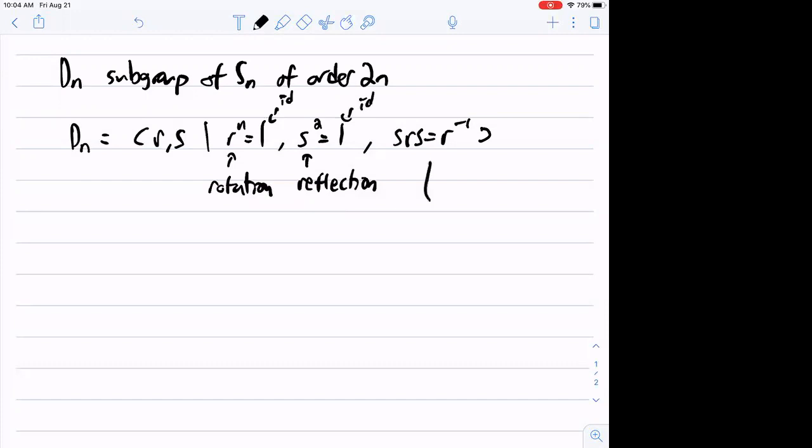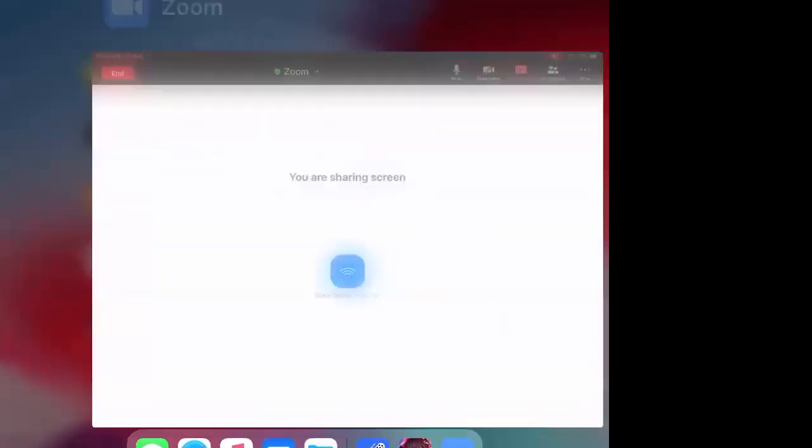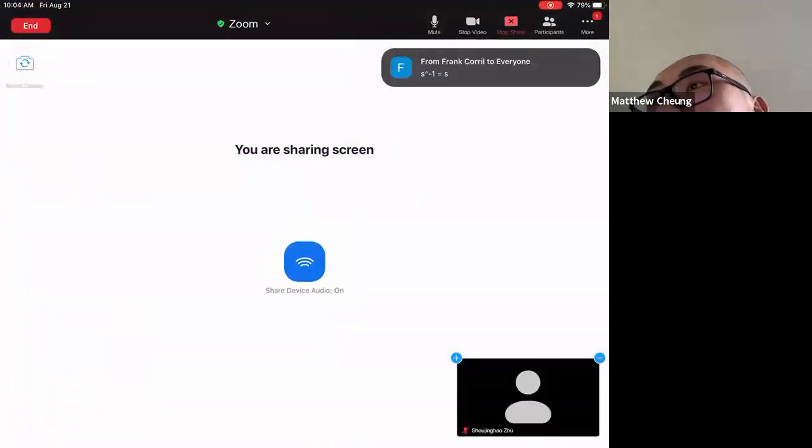Some other books move the s to the other side. So if s r s is r inverse, you can multiply by s inverse on both sides, and you get r s equals s inverse r inverse. Now, what is s inverse? What is the inverse of a reflection? Yeah, it's s.